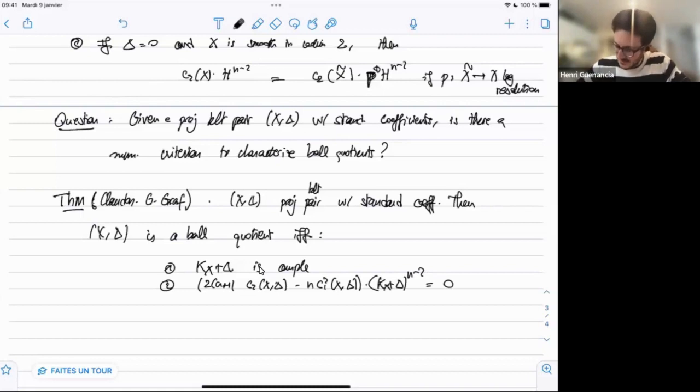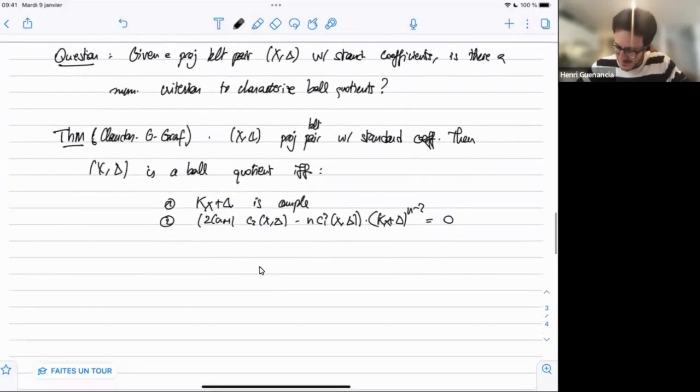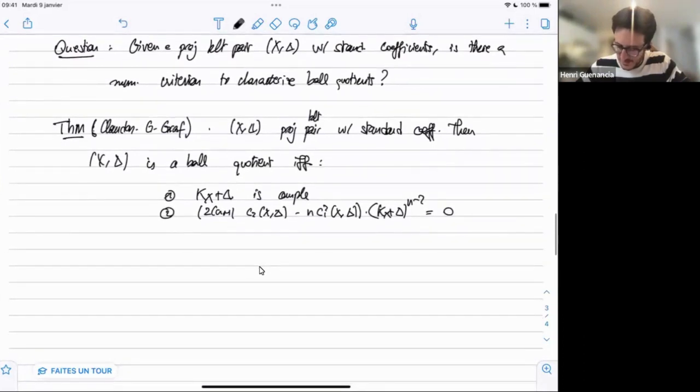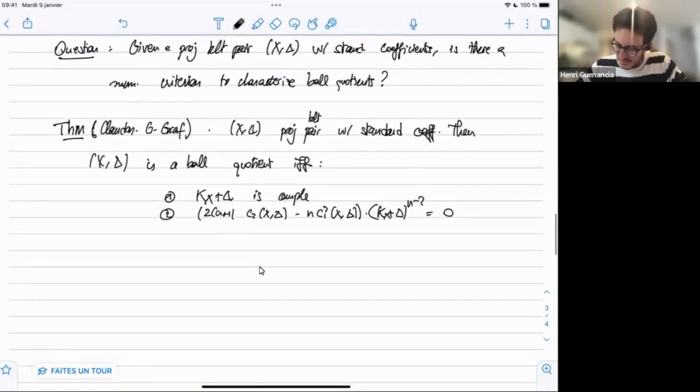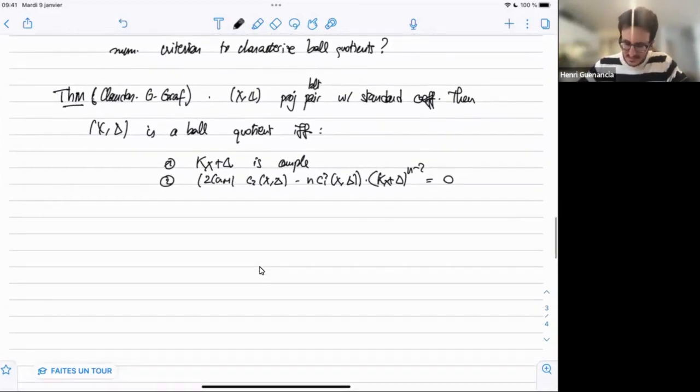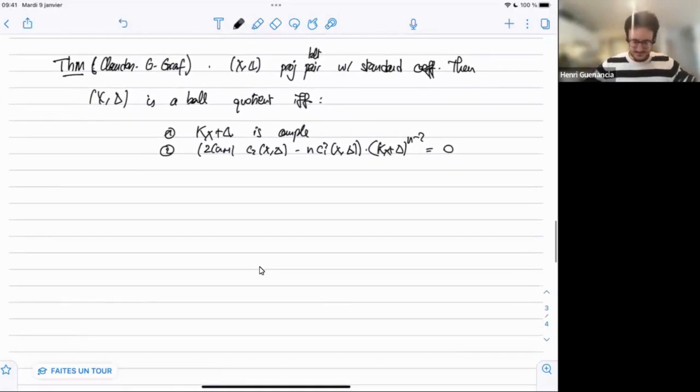So this theorem does not live in a vacuum. It has a lot of history and a lot of contributors in different, slightly less general situations. So I'm going to try to do a good job quoting who proved what earlier.